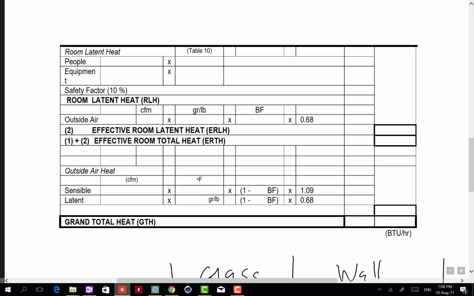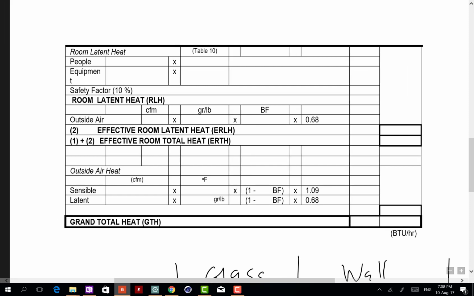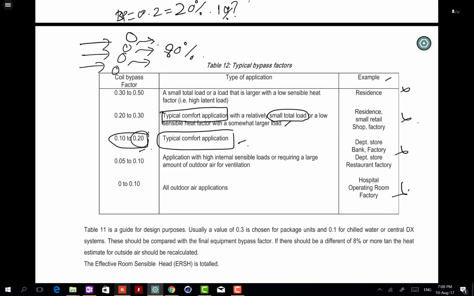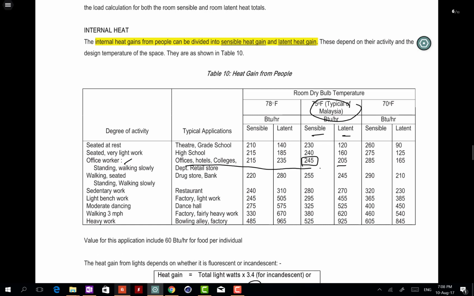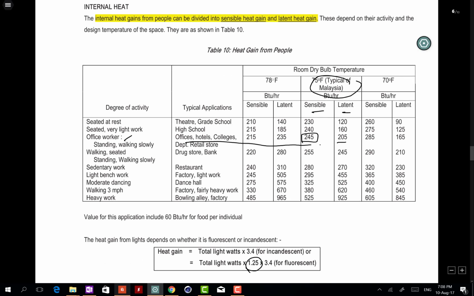Okay, for the room latent heat, same here. We have 50 people, and we multiply with table 10 that we have previously used. Just now for sensible heat we used 245. Now for latent heat we use 205.